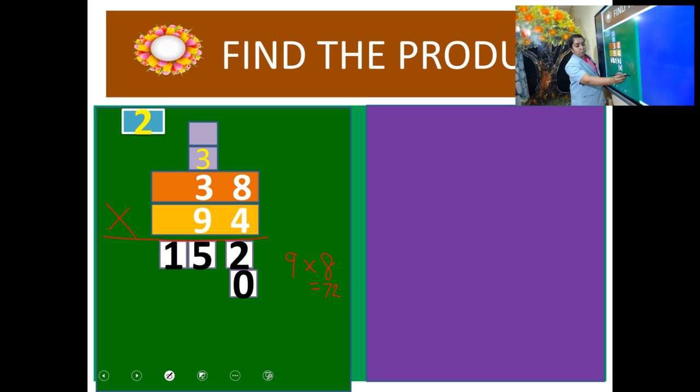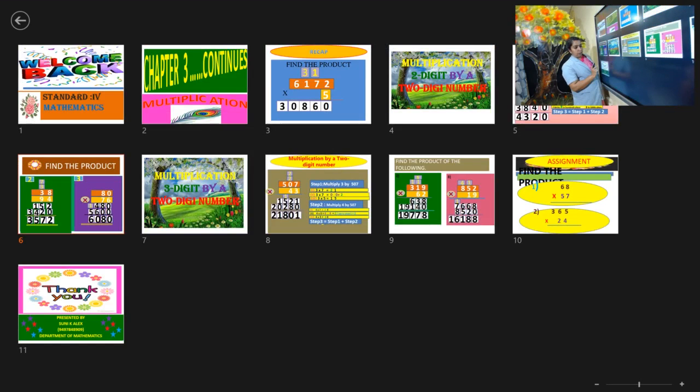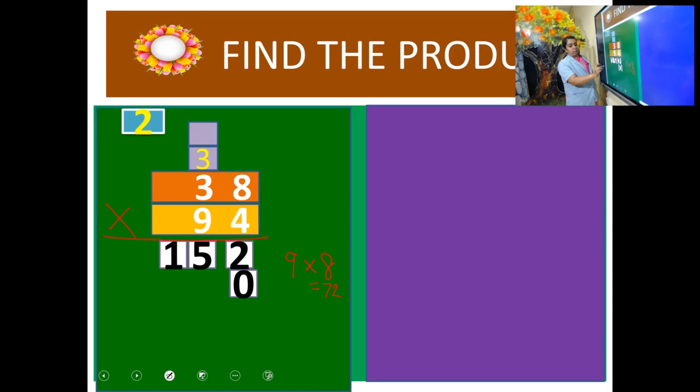You have to write 2 in the tens place, and 7 as the carryover to the tens. Then the multiplication with the ones place digit is over. Then you have to multiply the digit in the tens place, that is 9 and 3.